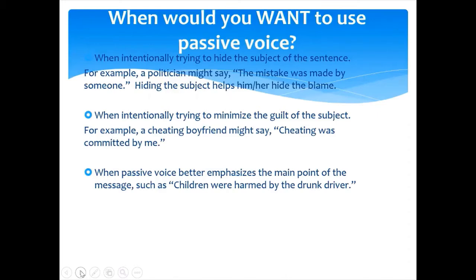In this sentence, maybe the author wanted to focus on the action and not the person doing the action. The action is spraying the chemicals, but it does not mention the subject, the person who is doing this action.